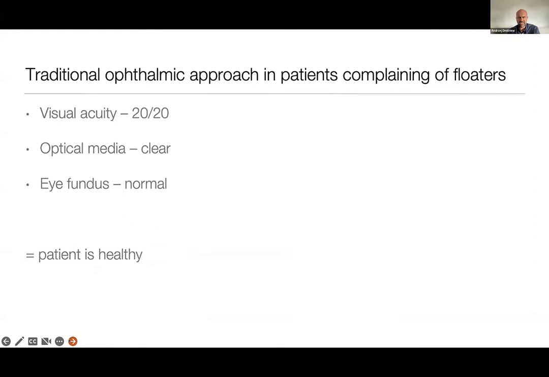So obviously, the traditional approach to floater patients is not the way we would like to treat those patients, because just looking at the Snellen visual acuity, which is in majority of cases 20/20, and clarity of optical media, makes it pretty hard to understand the real problem of the patient.